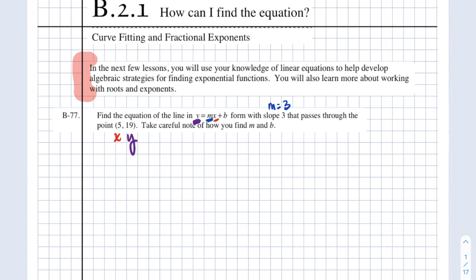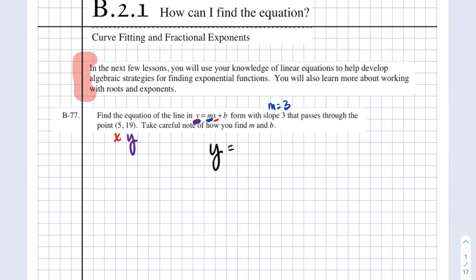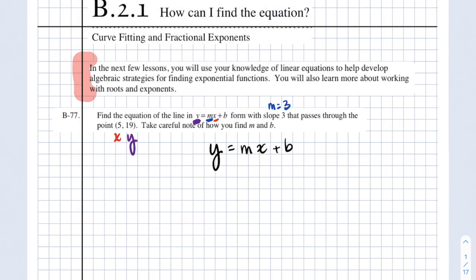So I'm going to write out my equation. Now I'm going to take the time to substitute in the values that I already know. I'm going to put parentheses because there's an imaginary multiplication sign and I know that I'm going to have to multiply those values.